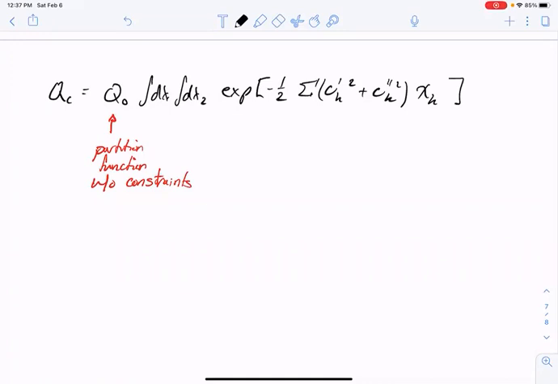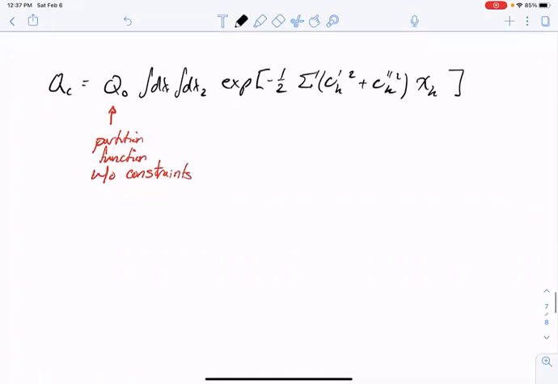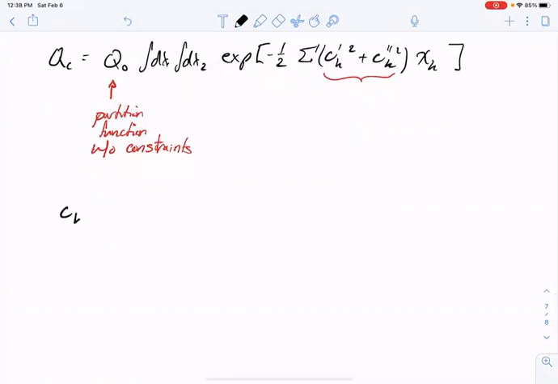Specifically, if I were to write out this term here, c prime k squared plus c double prime k squared, remember, those were sums of lambda 1 cosine k of R1.